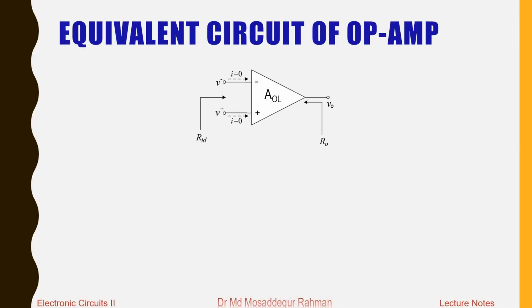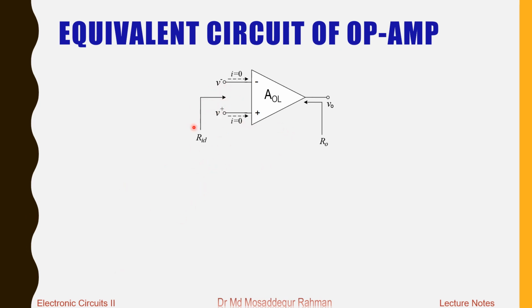Okay, so now that we have learned the different features of the op-amp, we'll see if using those features, we can develop some equivalent circuit that can be useful in understanding the impact of these different features in circuit applications. So here we show the op-amp circuit symbol again with the different features.